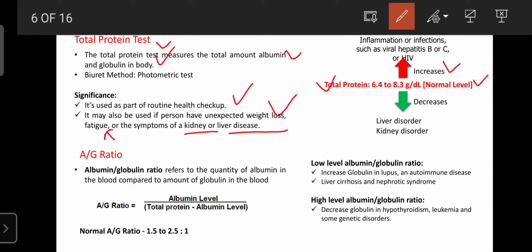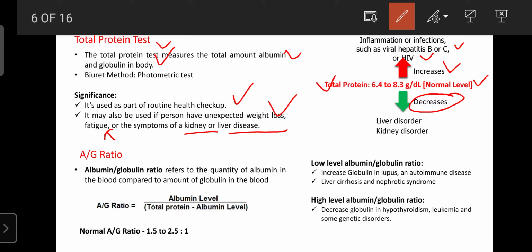If it increases, if it is more than 9, it can denote that the person is suffering from inflammation or infection such as viral hepatitis B, C or HIV. In the case of HIV and hepatitis, muscular dystrophies occur, due to which the muscles become weak or fragile.